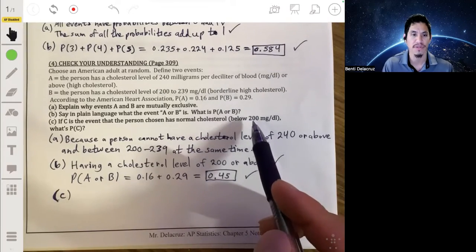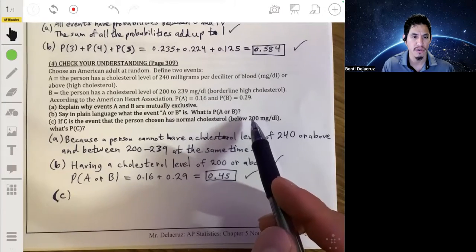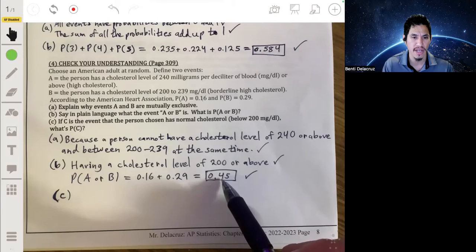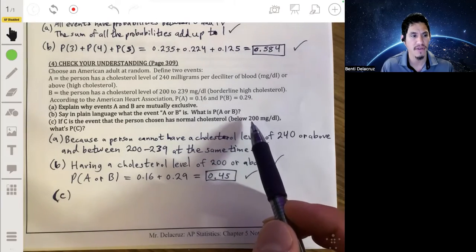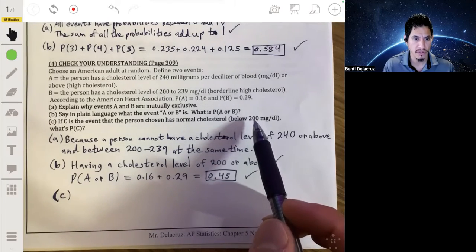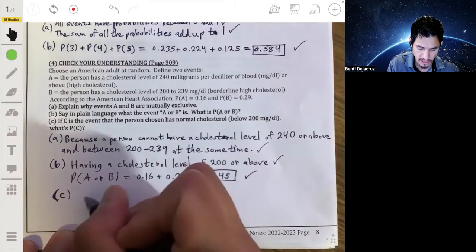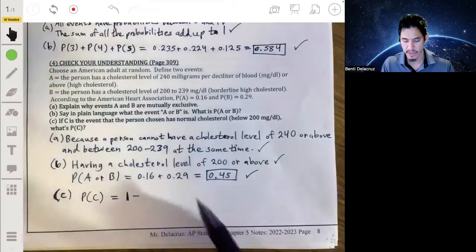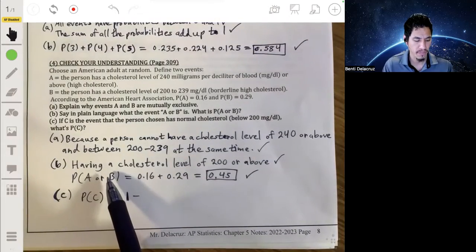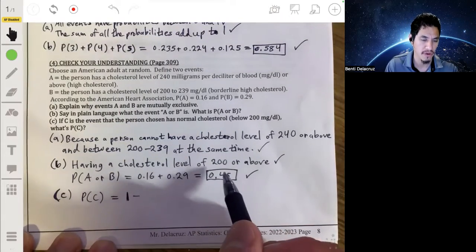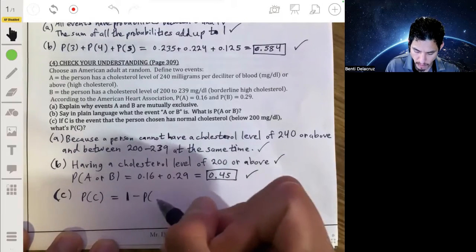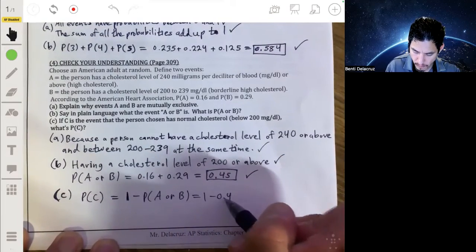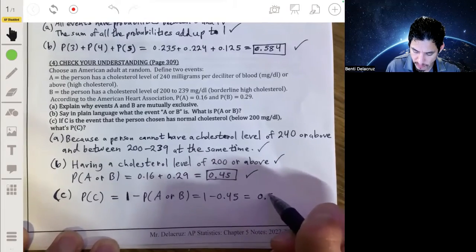We just care that it's not below 200. Since we know that having a cholesterol level of 200 or above is 0.45, the probability of C will just be 1 minus the probability of A or B, or 1 minus 0.45. And that would simply be 0.55.